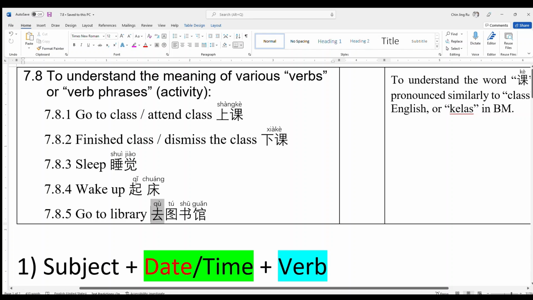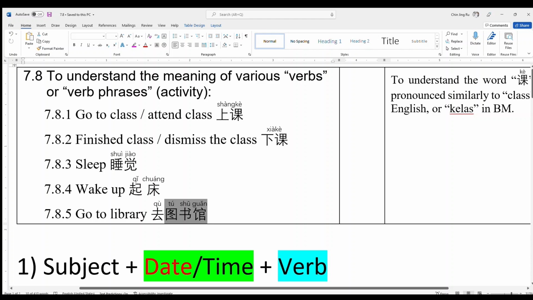So this word I will have another video to talk about in more detail, so please refer to my other video. But for now, I want us to focus back on this other word, library. Library, there are 3 words in Mandarin: 图书馆.